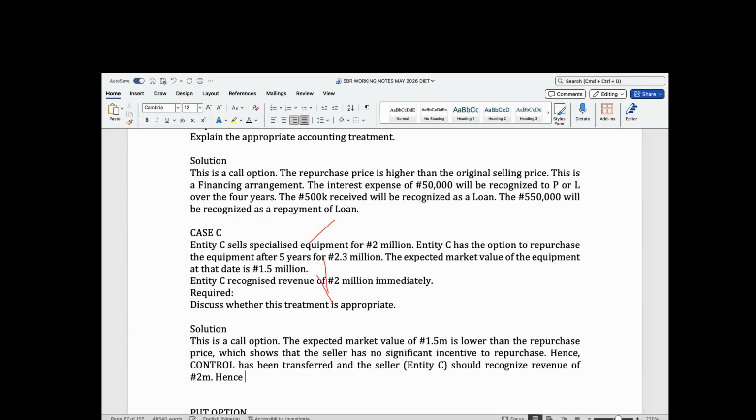Hence, the accounting treatment by entity C is appropriate.